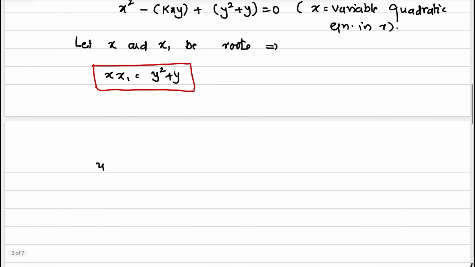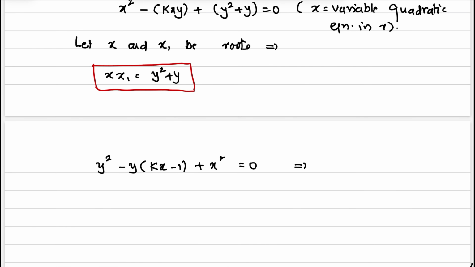Can we write it? y square, this y, minus y into kx minus 1, plus x square is equal to 0.